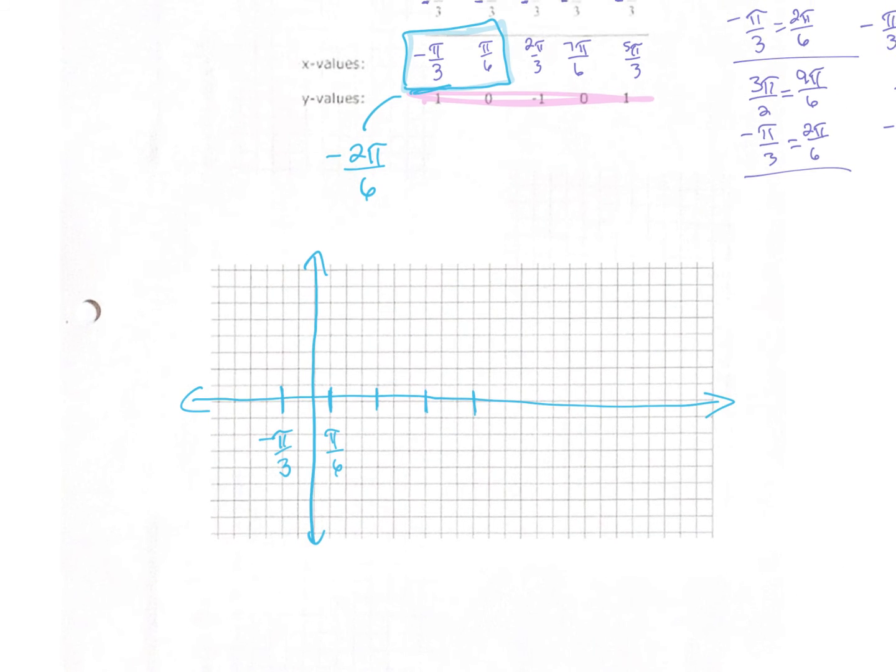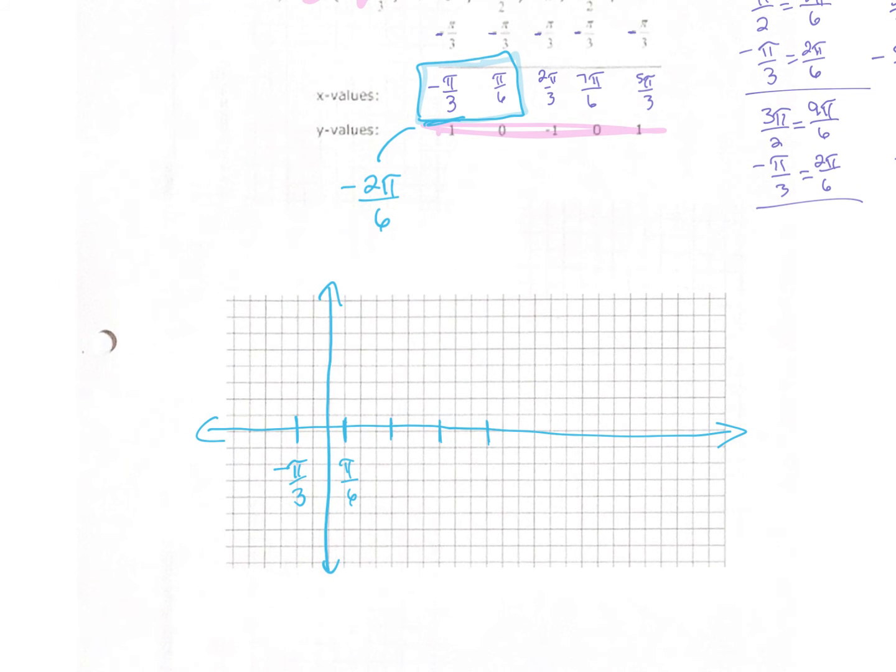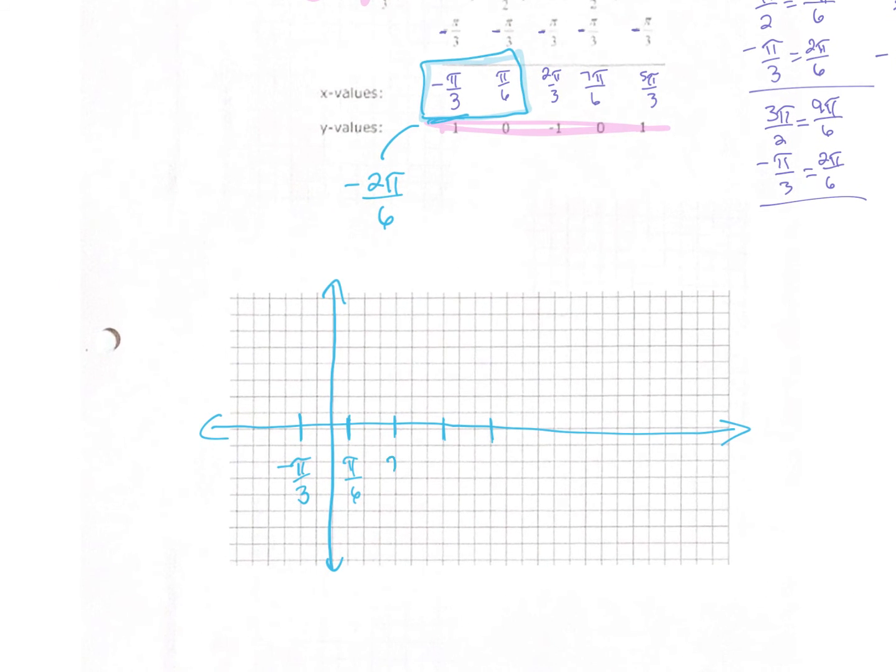Okay, so I've labeled my negative pi over 3, my pi over 6, my 2 pi over 3, there's my 1, there's my negative 1, and we're going to graph this in just a second, okay? All right, take a look at that and think about that for a minute. Questions?